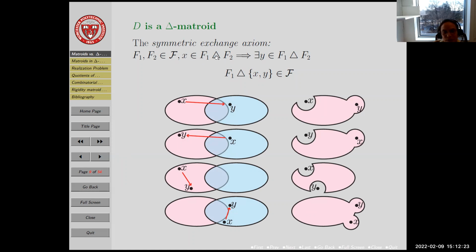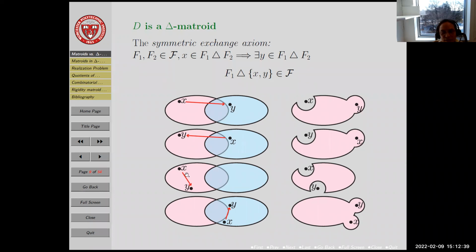So take the union minus the intersection, and that's the symmetric difference. And nothing much happens if x and y are distinct, and we look at the symmetric difference, we get what we got before.